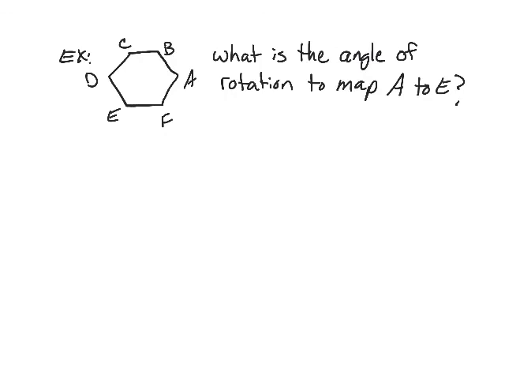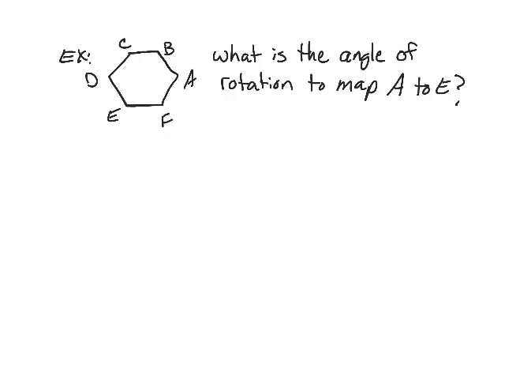Finally, this is another typical example. What is the angle of rotation to map A to E? Let's say, what's the minimum angle of rotation to map A to E? I could spin it this way, but that takes a lot longer than spinning this way. This is the clockwise direction, so my angle is going to be negative.